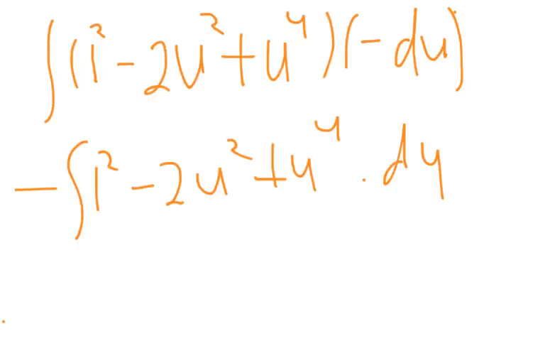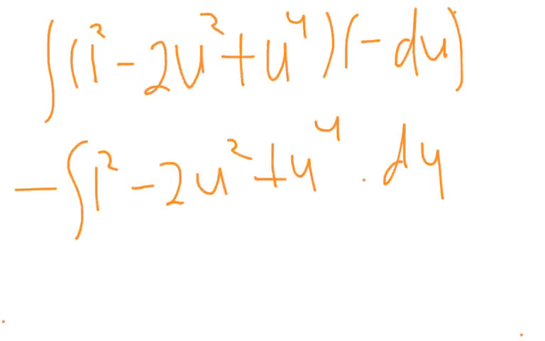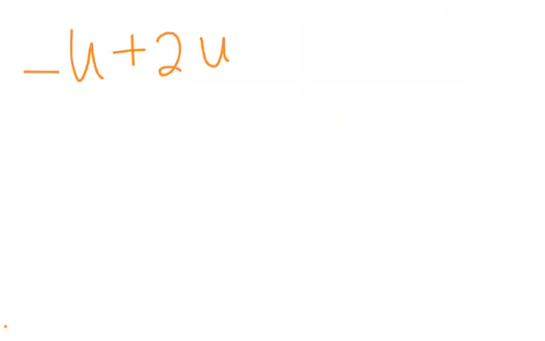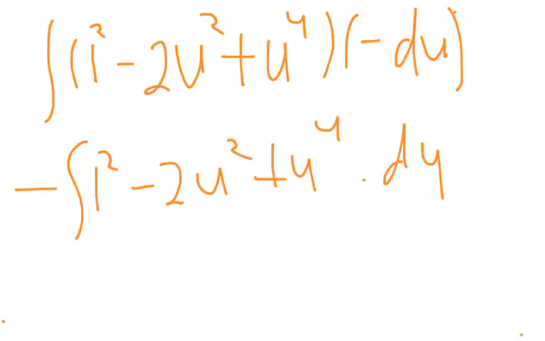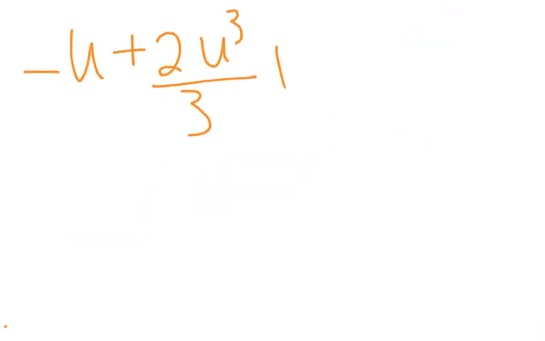So our 1 is going to become u, our 2u squared is going to become plus 2u raised to the third power over 3, and then our u to the fourth, as you may imagine, is u to the fifth over 5.